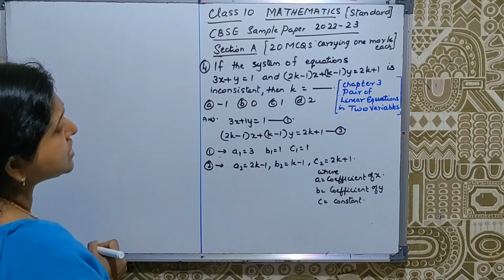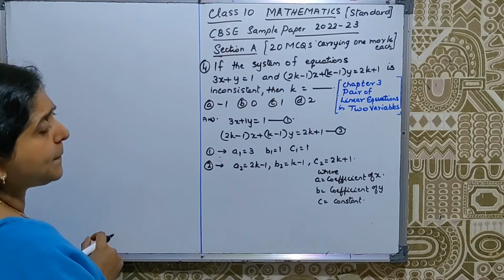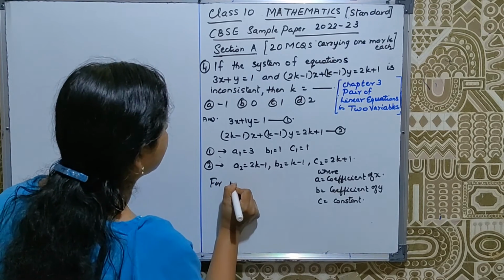Now here the system of equations is inconsistent. Inconsistent means the lines are parallel, with no solution.